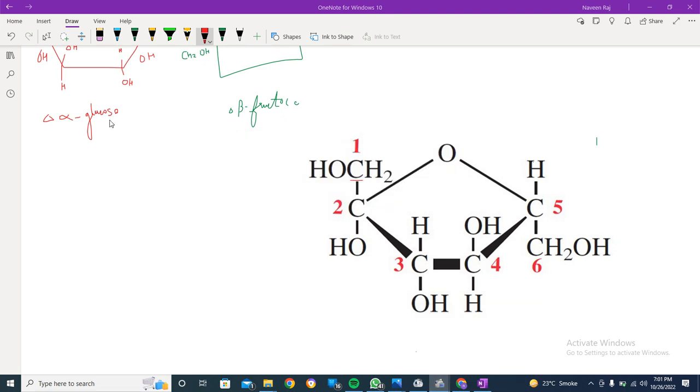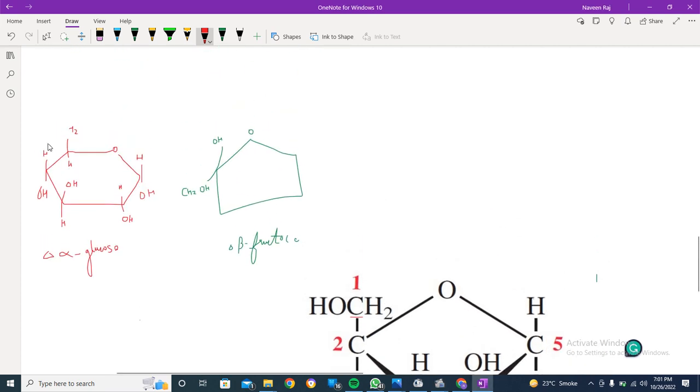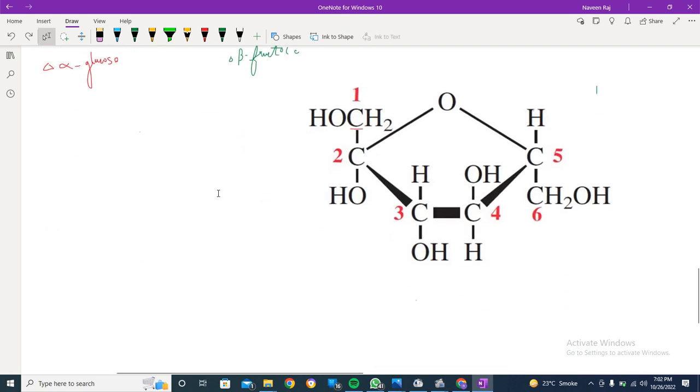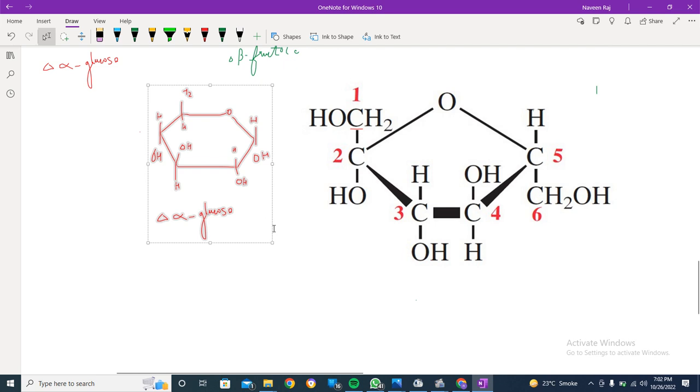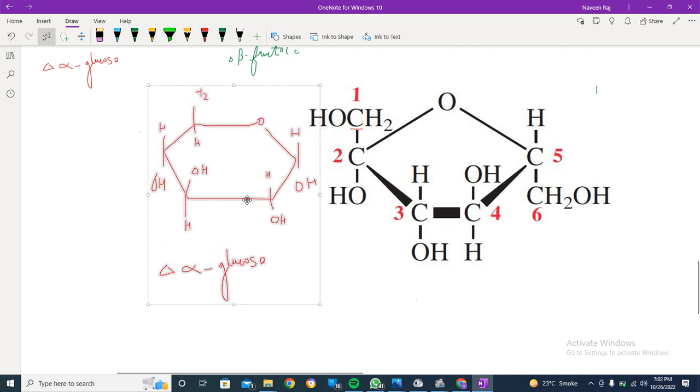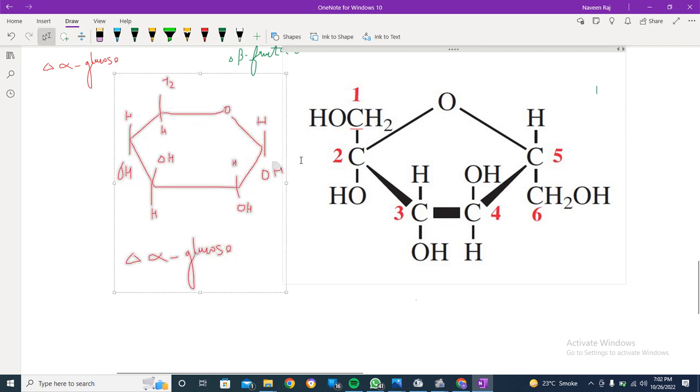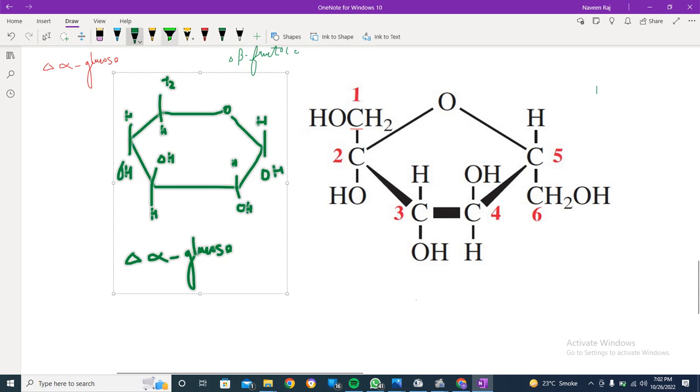Now let me copy and paste the same structure on this side. Okay, here it is. Let me remove the carbon and all that.